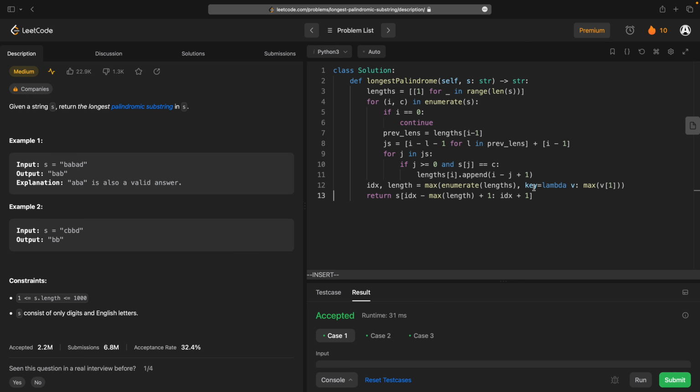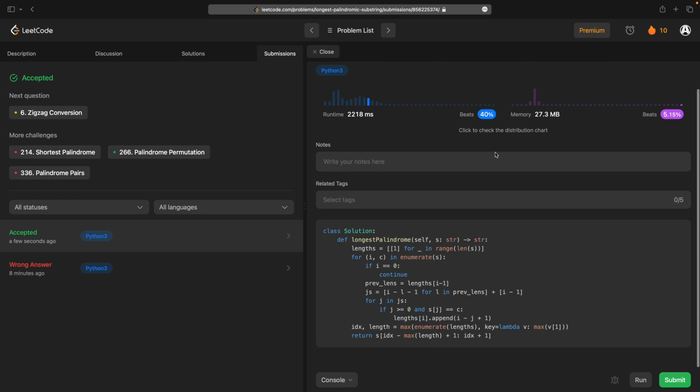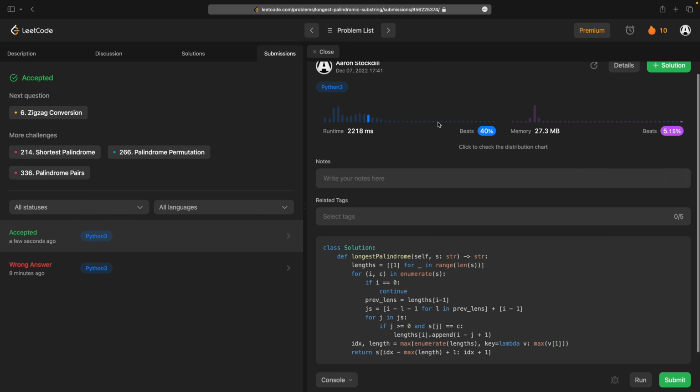Right. Let us submit again. See what other test cases we missed. Oh, nope, that looks like it worked perfectly. Excellent. We are nowhere near a good solution by the look of it, but there looks like there's a long tail and a bit of a hump that we're near.